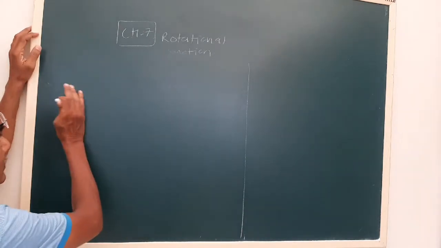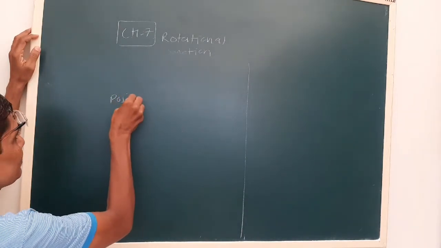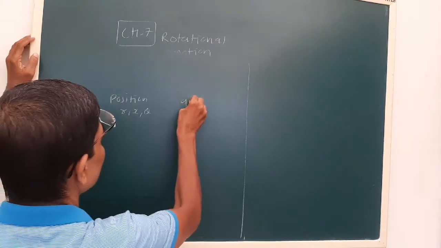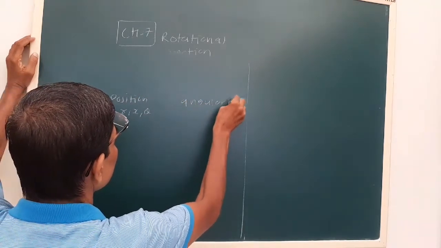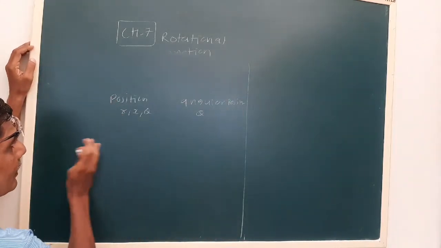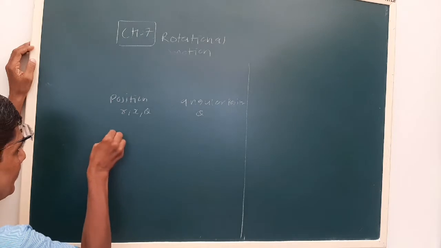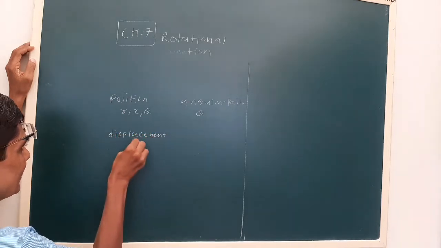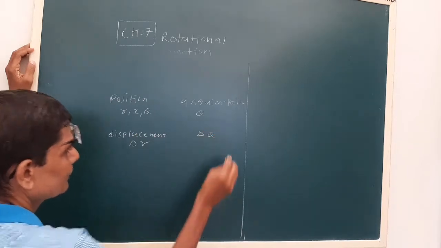In linear motion we have position r or x, and here we have angular position theta. Then we have displacement, that is delta r, and here it will be delta theta.